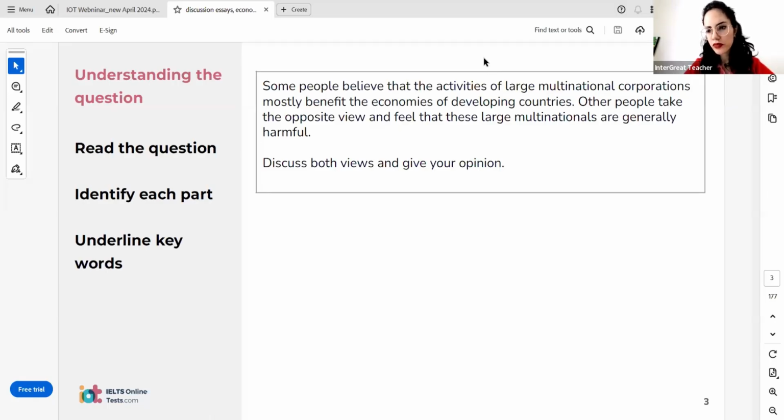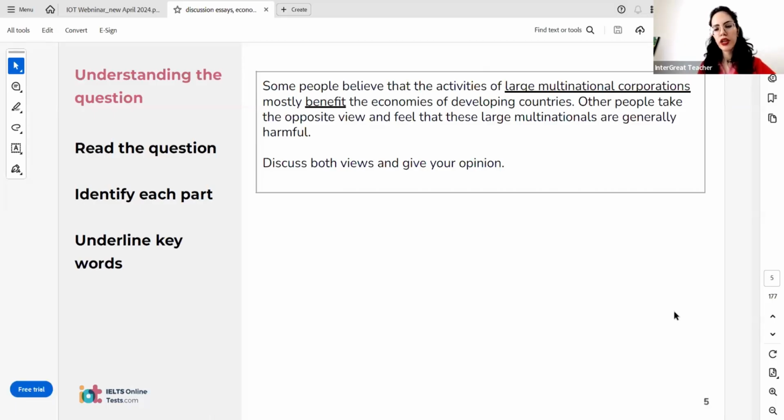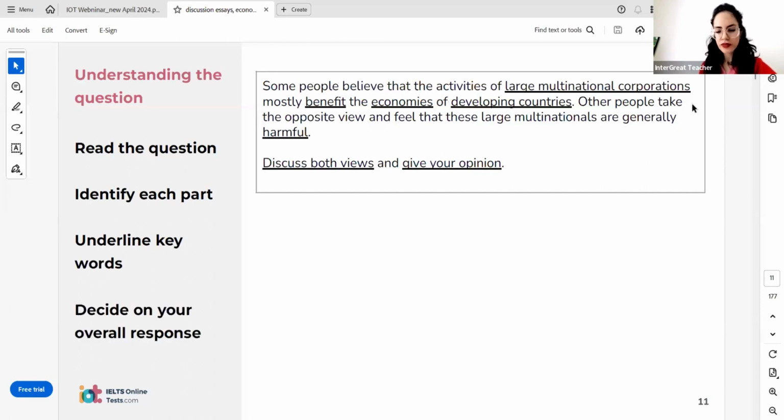Yes, developing countries. Okay, that's right. So the keywords would be, as you guys mentioned, large multinational corporations, benefit economies, developing countries, and harmful. And then we need to discuss both views and give our opinion. So remember that a discussion essay has three requirements: side one, side two, and your opinion. So three points we need to cover.